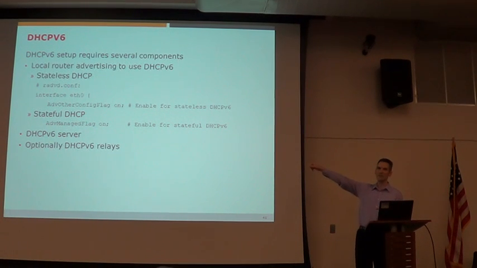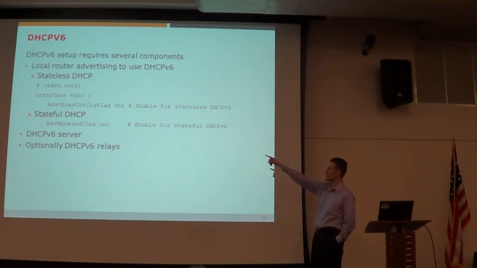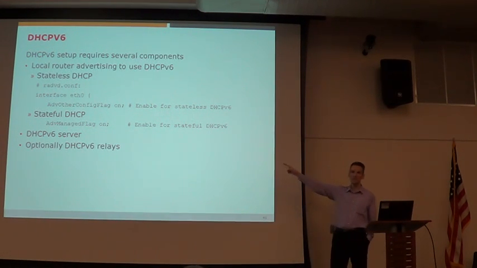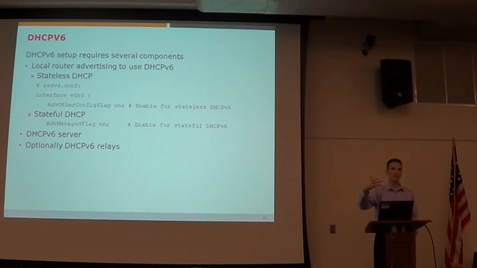The other flag says, I already gave out addressing, I just need DNS or whatever else. Maybe for my phone I need a TFTP server, for example. The client sees that flag in the router advertisement and goes out and says, give me my DHCP parameters, like my DNS server.